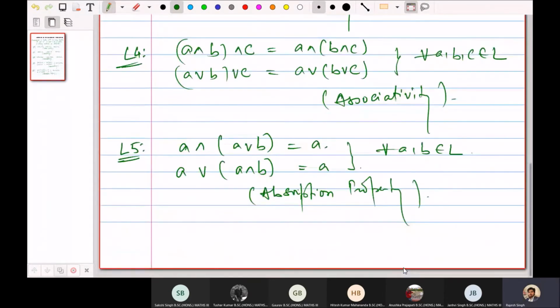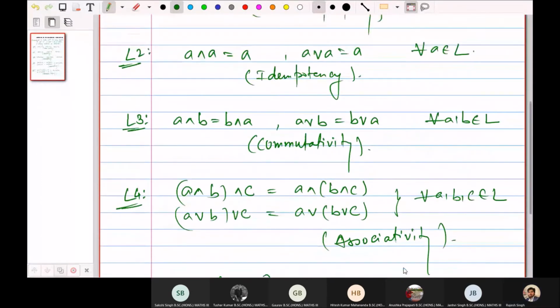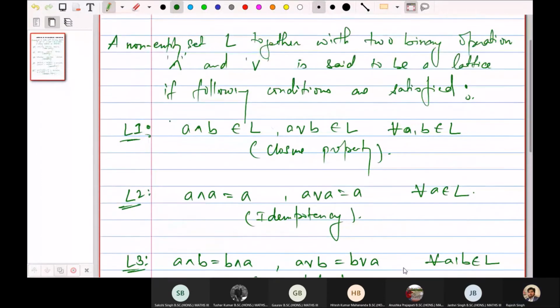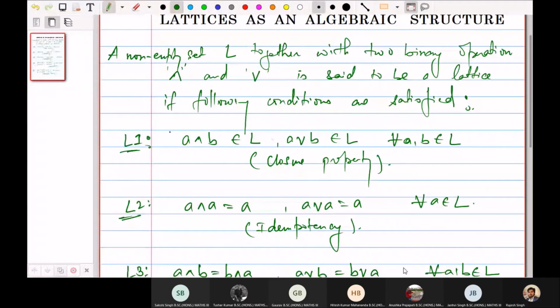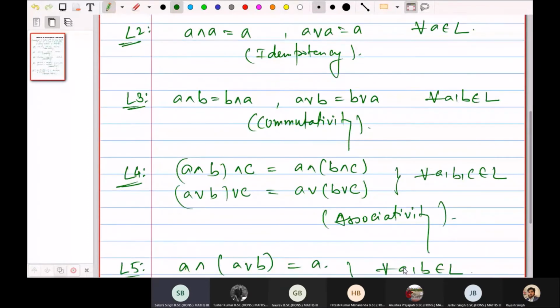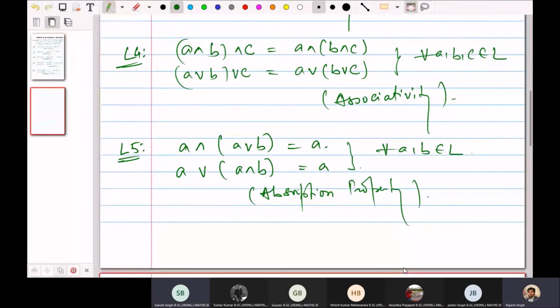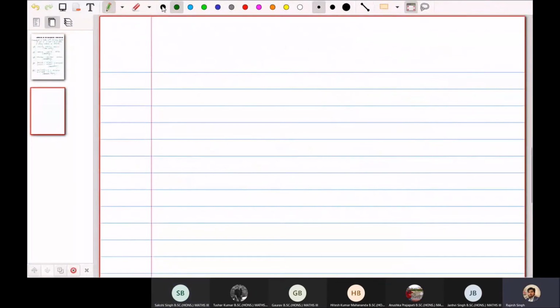Is it clear? Is the definition clear to everyone? Yes. Is this definition clear to everyone? Yes, sir. Okay, fine. So now we are going to prove that the 2 definitions are equivalent.